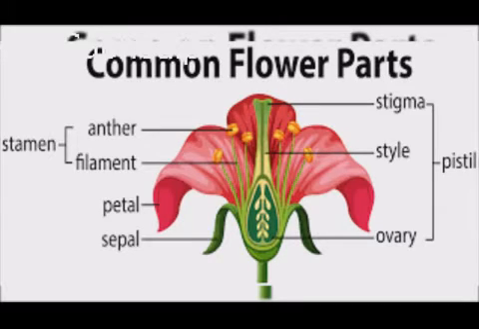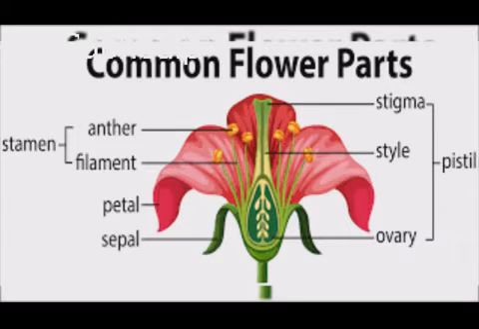The first whorl, that is the calyx, is formed by the sepals. It is the outermost whorl and consists of green leaf-like structures called sepals. They enclose and protect the young flowers at their bud stage.